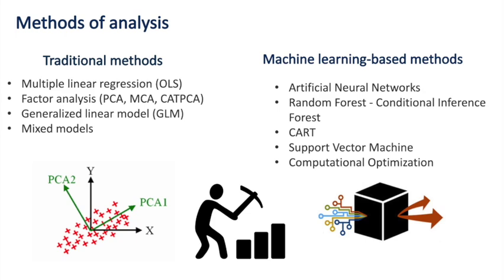And there's another approach, which are machine learning based methods. These are automatic methods, with artificial neural networks, random forest, and we're going to go over this in the data mining module that's also part of the course. But these are methods that many times have a disadvantage because they're black box methods. This means that they're not as transparent as the traditional methods.